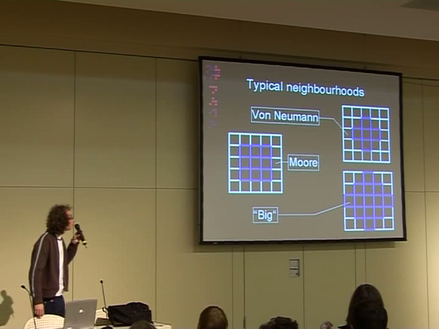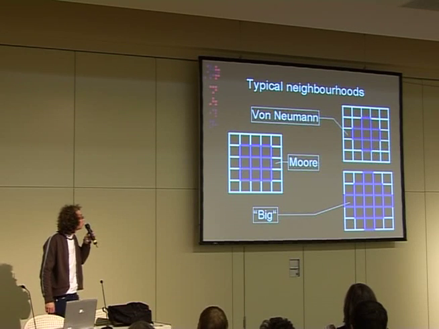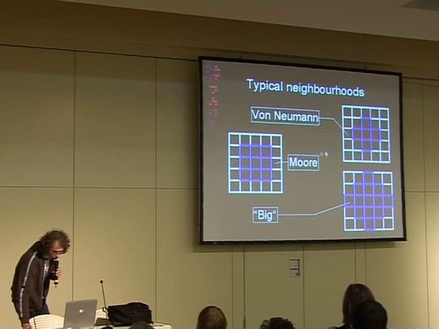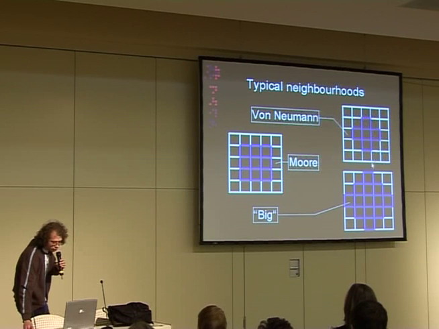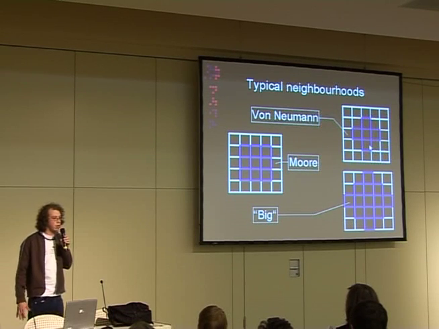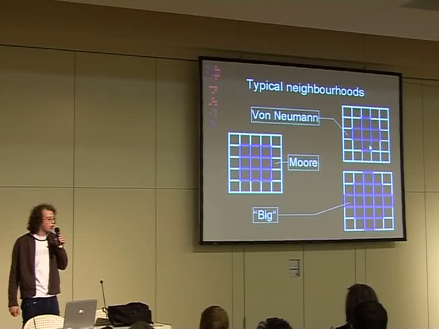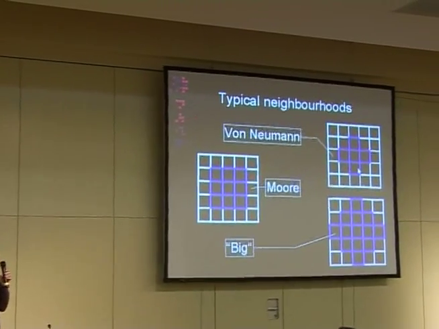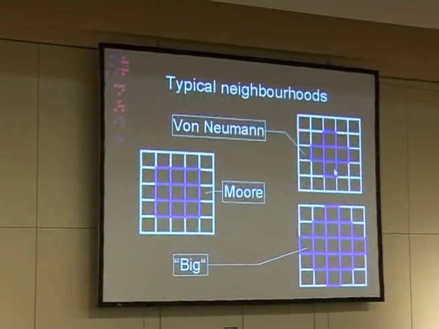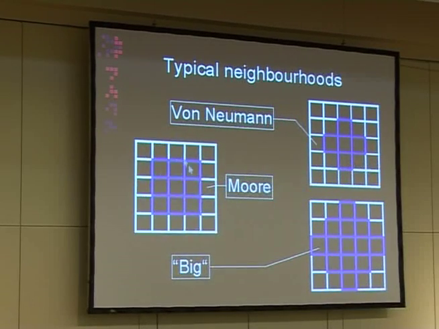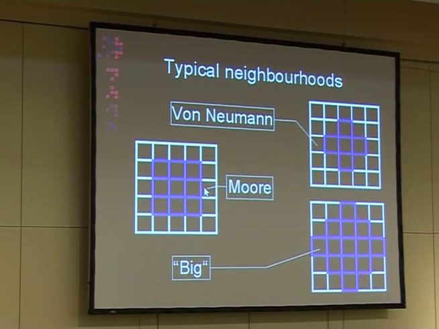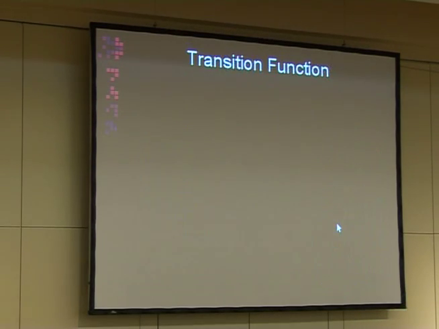Typical neighborhoods we will see: the von Neumann neighborhood that was used in the first cellular automaton that he introduced in the 40s. And then the Moore neighborhood you all know from Game of Life. But we could also make the neighborhood bigger so that more cells influence the state at the next time step.